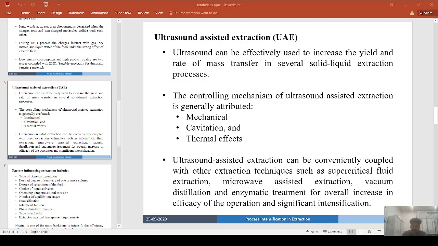The result obtained is that the total phenolic content obtained by ultrasound assisted extraction during 15 minutes was significantly higher than the Soxhlet extraction during 60 minutes. So you can see that in just 15 minutes you can achieve the same efficiency as the Soxhlet extraction apparatus operated for 60 minutes. That is a reduction of almost 45 minutes.